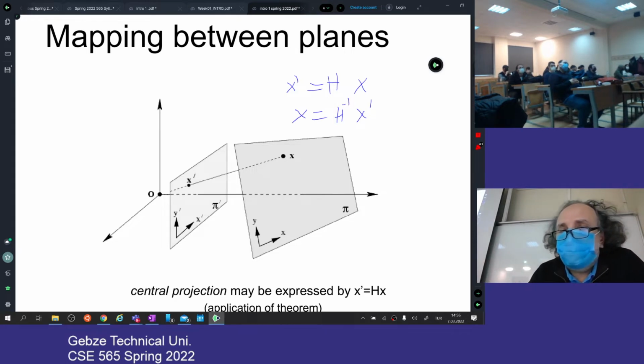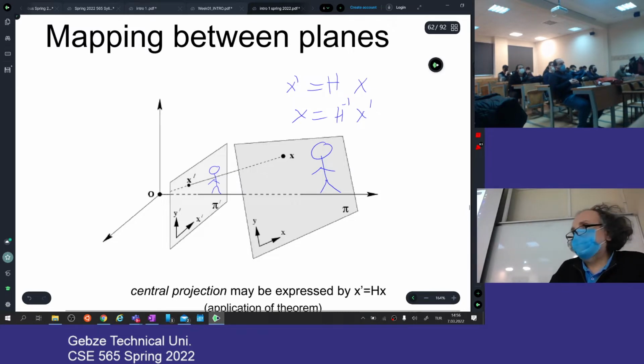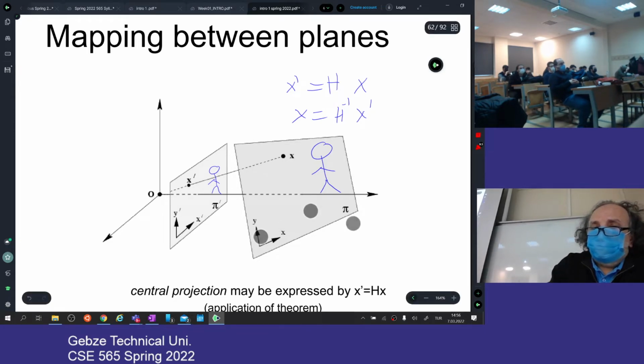So if somebody says that I have an object on this one, I have a picture of a man like that. If I transform all the points of this picture, you will end up with this picture here. Okay? Because there is a projectivity defined between these two planes. This is one plane, this is another plane.